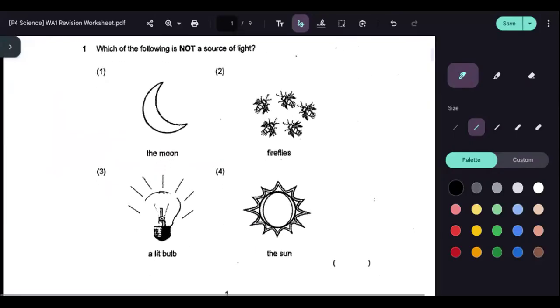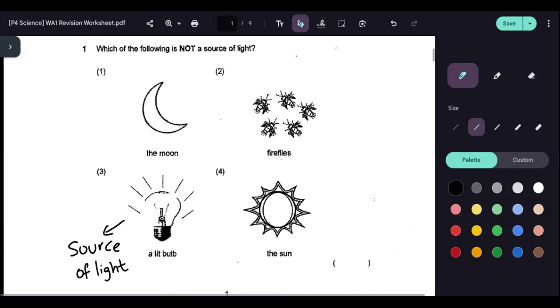Okay, a light bulb is a source of light because your bulb is connected to your power outlet. Your bulb is in your power outlet, which means when you plug in, your bulb should be able to light up.